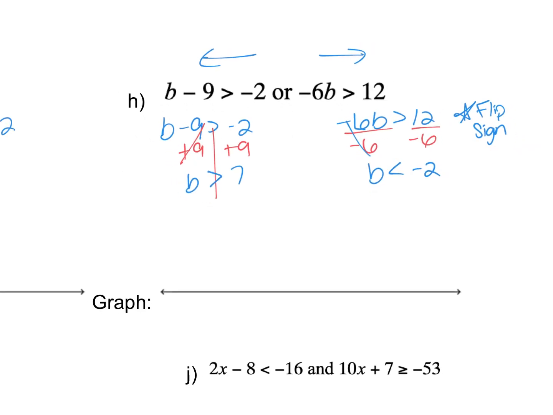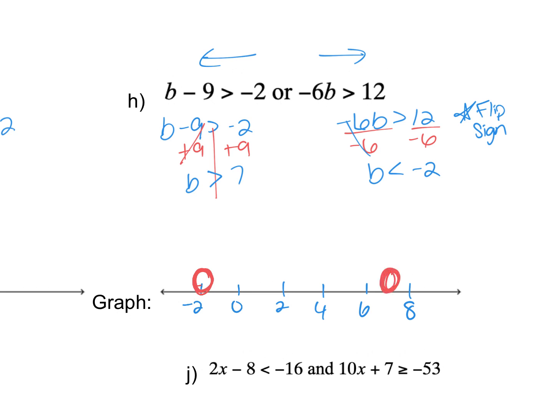All right, so let's go ahead and graph it. Let's just count by 2. So -2, 0, 2, 4, 6, and 8. All right, so we have a point at -2, and that's an open dot, and an open dot at 7, which is directly between 6 and 8.